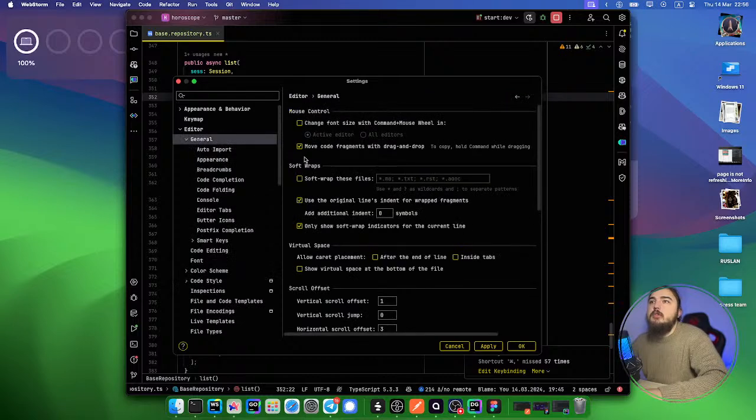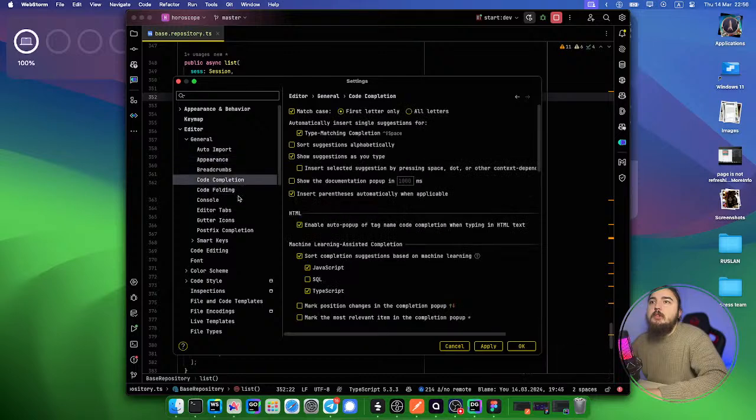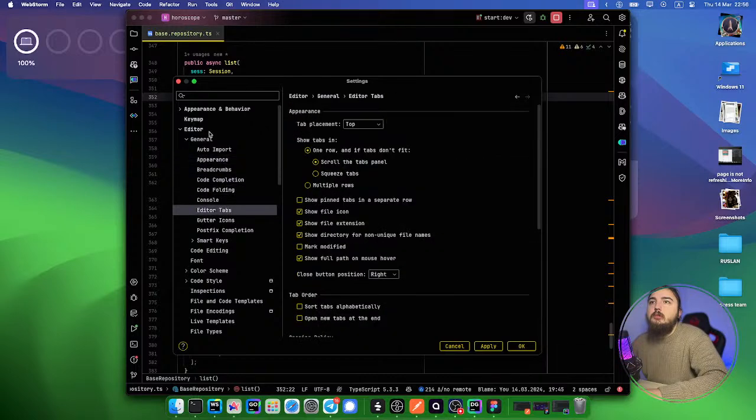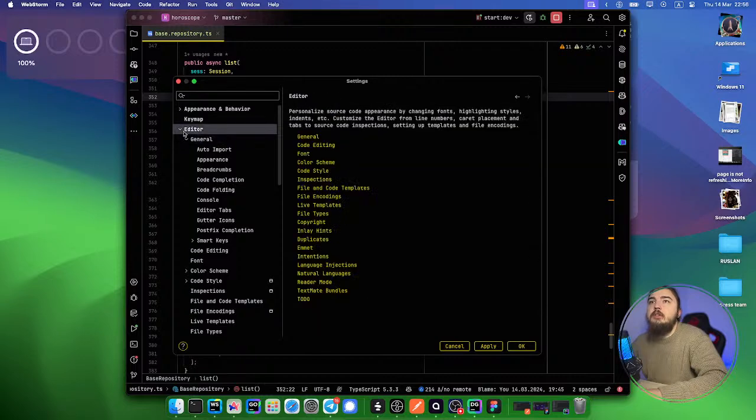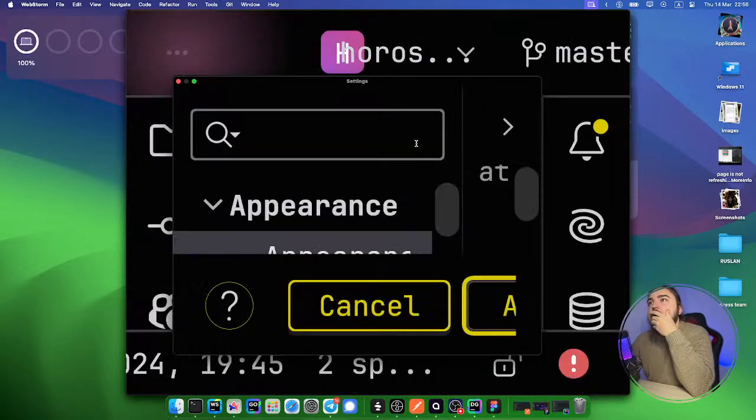Editor, general appearance, no. Code completion. Where is it? Appearance.